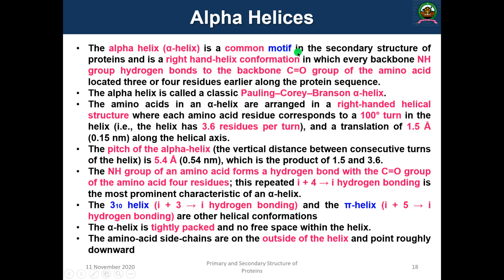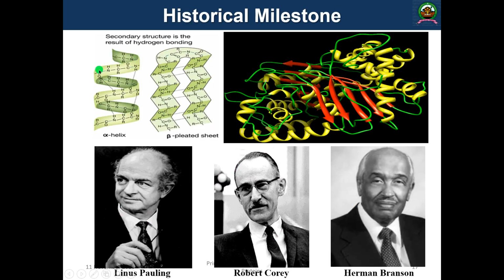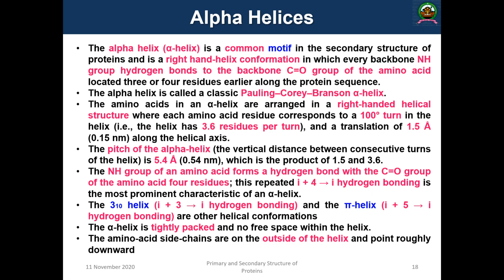Okay, then the small structures only form a particular helix or a sheet. That is known as the alpha helical common motif. In the secondary structure of the protein, it is a right-handed helical conformation in which every backbone amino group hydrogen bonds to the backbone CO group of the amino acid located 3 or 4 residues earlier along the protein chain.